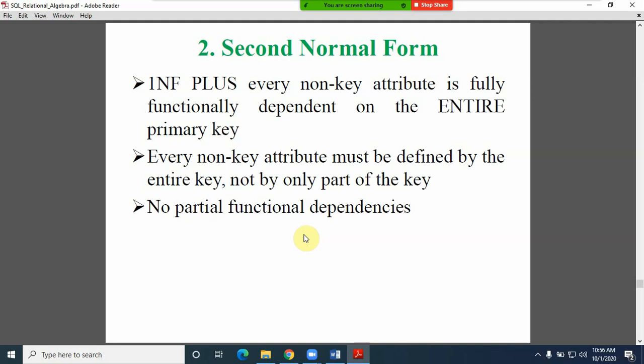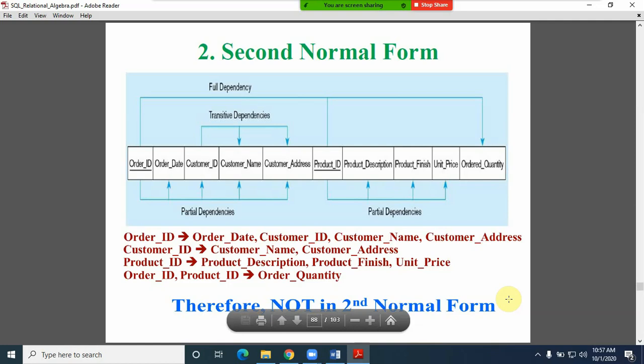Determinant is nothing but A functionally determines B. That determinant is the left side entry, whatever the left side entry we are having, that is what you call the determinant. Now no partial functional dependencies must be there. There is no partial dependency. Observe here, friends, spend some time to identify what exactly the columns in the table are.